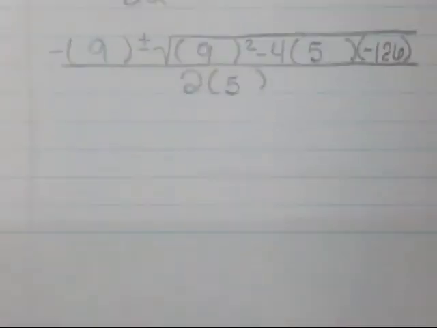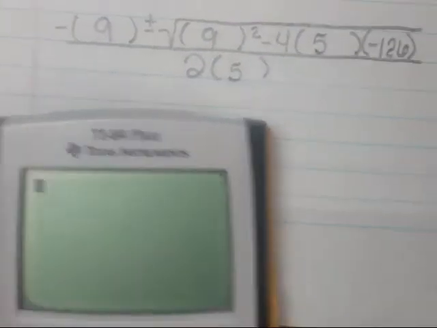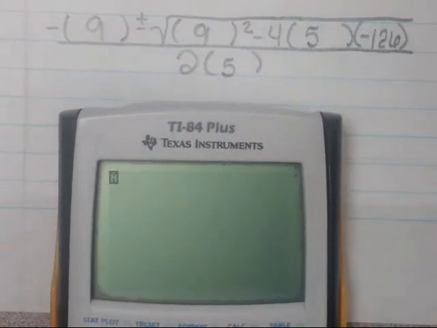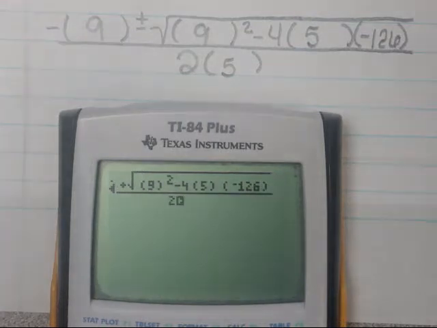Again, I'm going to go to my calculator and I'm going to enter the information. Alpha y equals enter, negative 9 plus the square root of 9 squared minus 4 times 5 times negative 126 over 2 times 5.